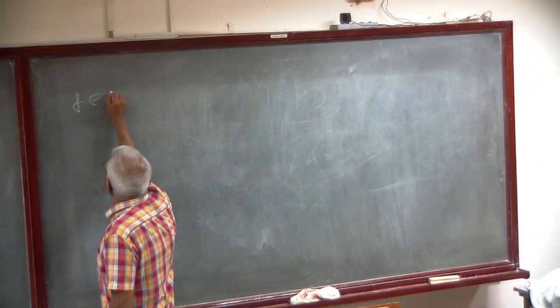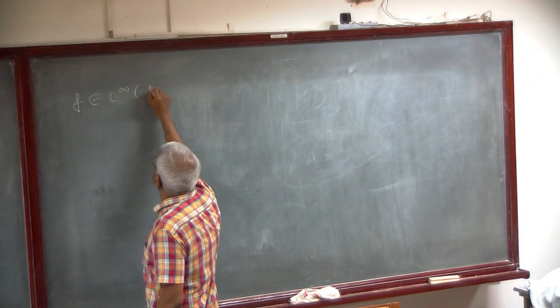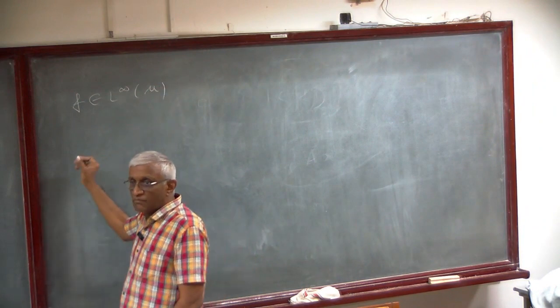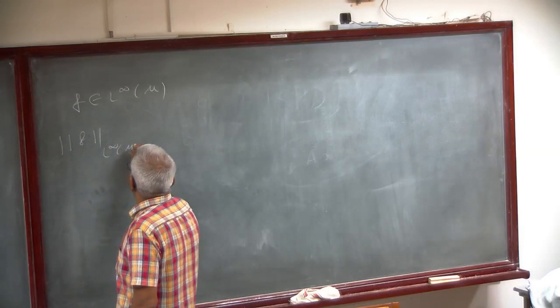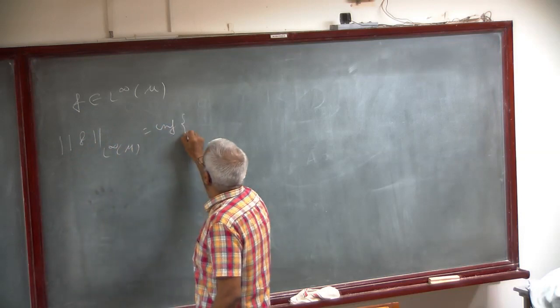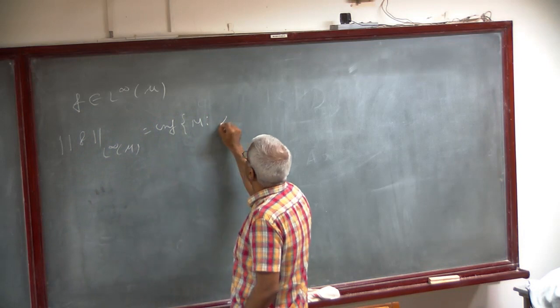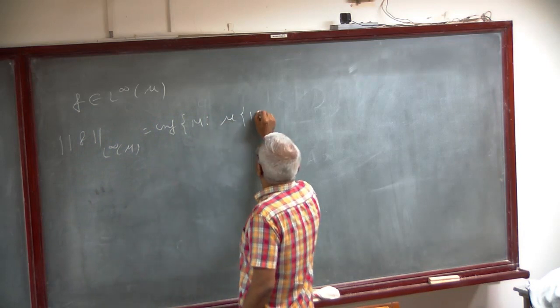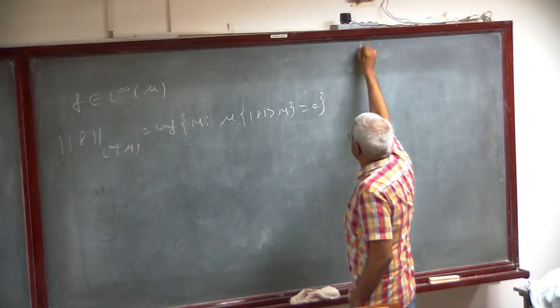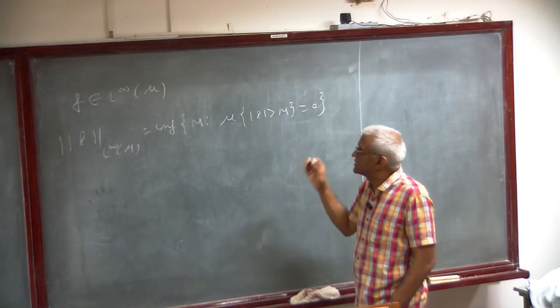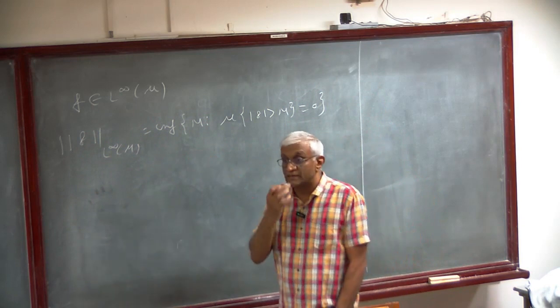We have any function f in L infinity mu for some measure. How is this norm defined? The L infinity norm equals the infimum of all those M such that mu of the set where mod f is greater than M is 0, right?